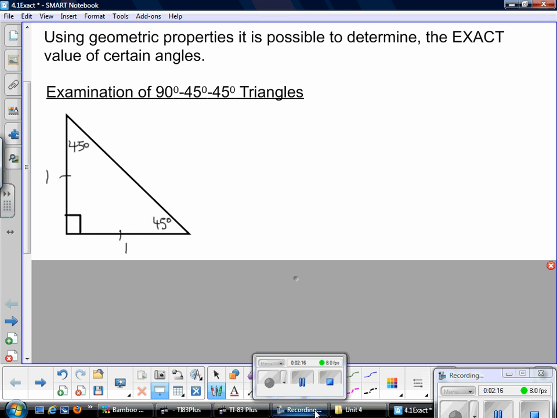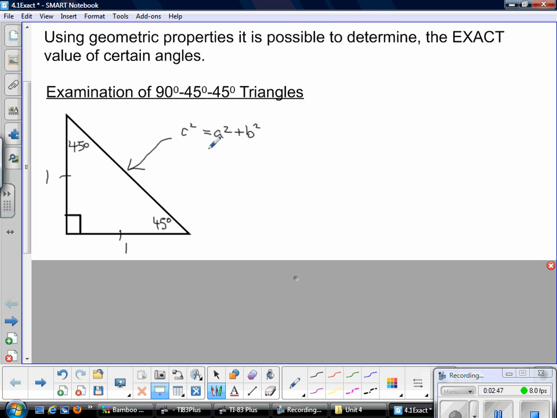Now I have side length 1, and using geometric properties, I can find the length of the hypotenuse. Because it is a right angle triangle, I know that c squared equals a squared plus b squared. We know that. So I have 1 squared plus 1 squared, which equals 2. So the side length of c is square root of 2.